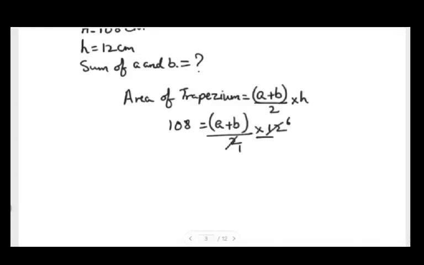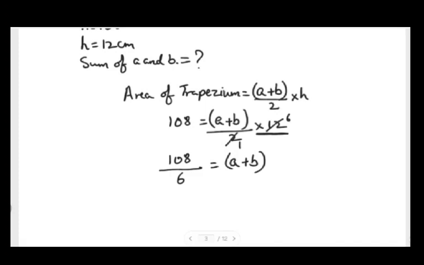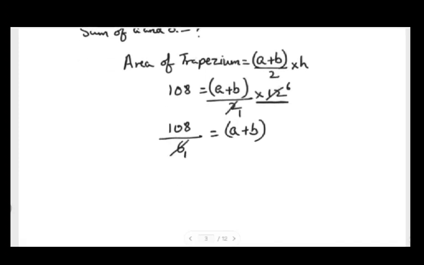So since this 6 is carrying a multiplication sign, if I take it to the left hand side, it becomes division. So I write it below 108, and that should be the sum of A plus B. 6 ones are 6, remaining 4, 48. So 6 eights are 48. So A plus B is in total 18 centimeters.